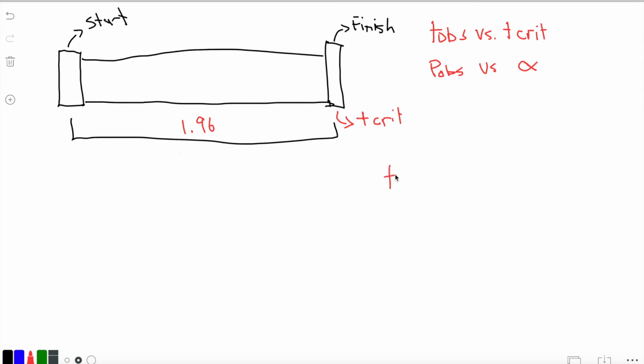Our t observed, for something to be significant, or our groups to be different, t observed is going to be greater than our t-crit, but our p observed needs to be smaller than our alpha.